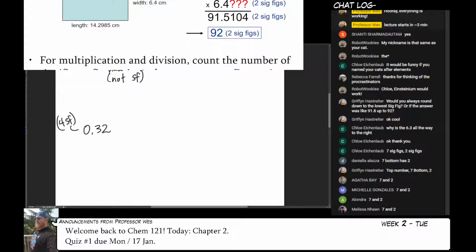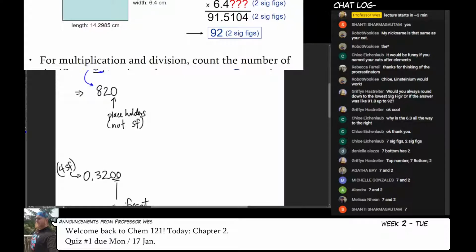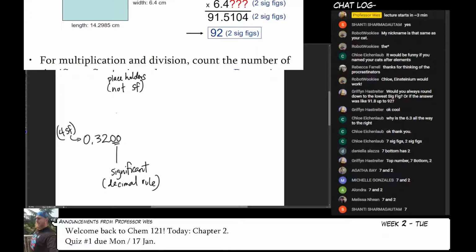If that's the case, then you do have to add them, because these zeros are significant due to the decimal rule. Okay, so only add in extra zeros if you intend to, because you need to put a placeholder for the magnitude, which would be up here, or because you need more sig figs for your answer, and you need to add more zeros for, say, a decimal or something.